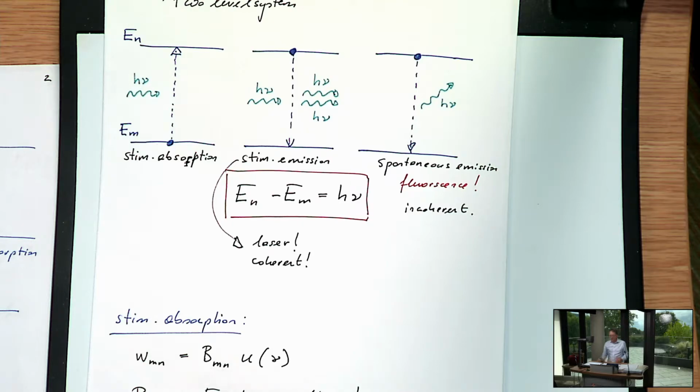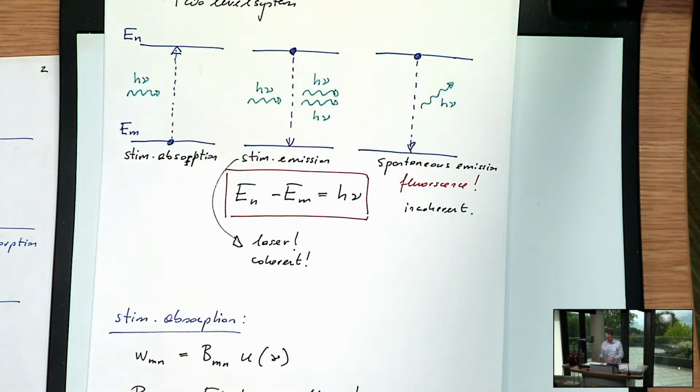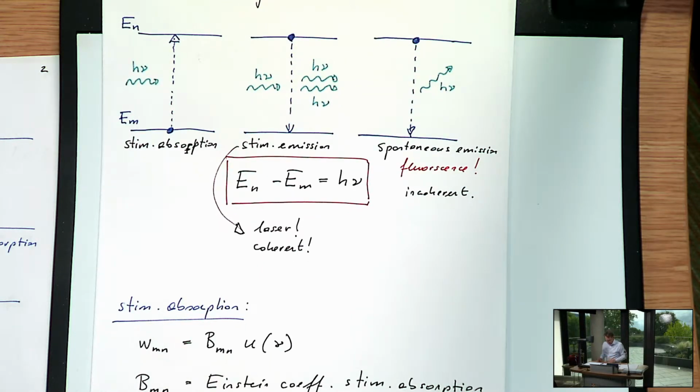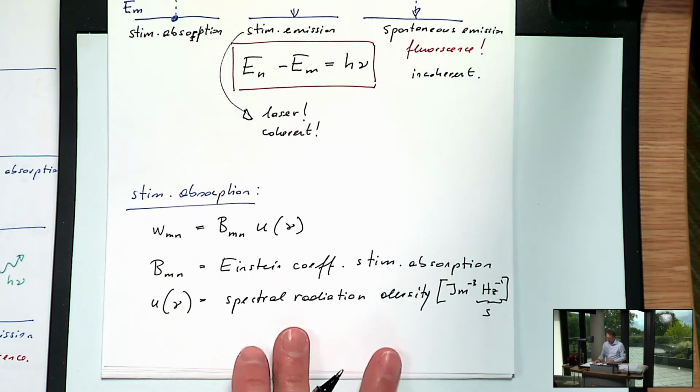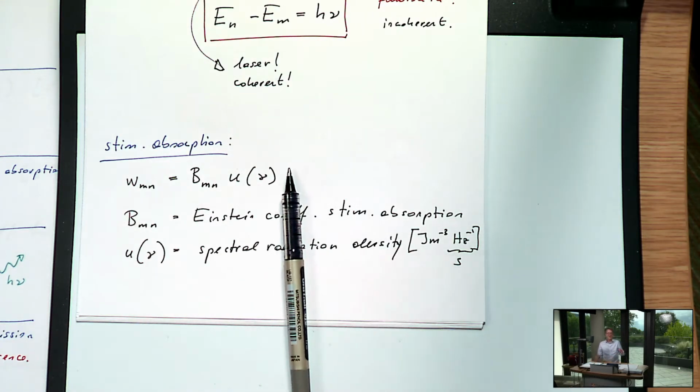You know, the higher B, the more likely, the more quickly the molecule will fly up to the top, right? And of course, the higher the energy in the light field, the more quickly this will go up, which makes sense. And when we deal with lasers, typically this will be a light field that's incoherent.